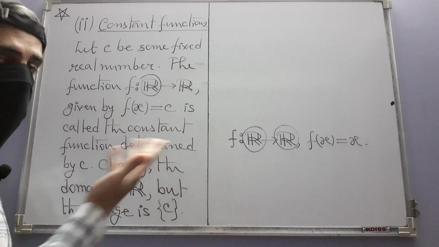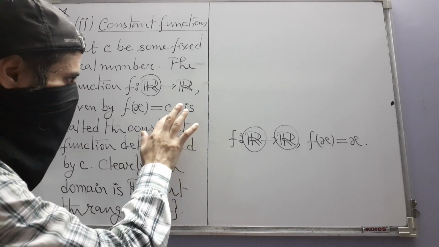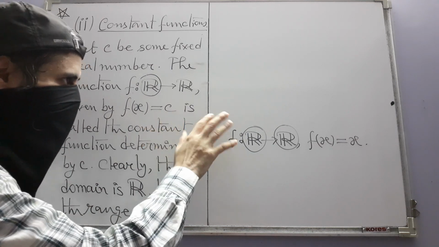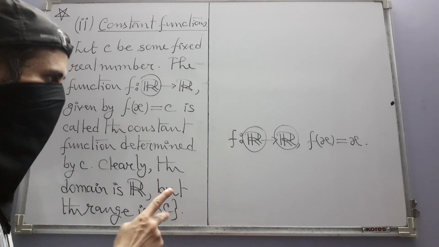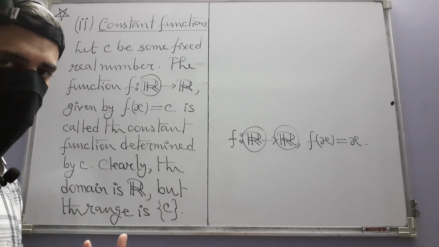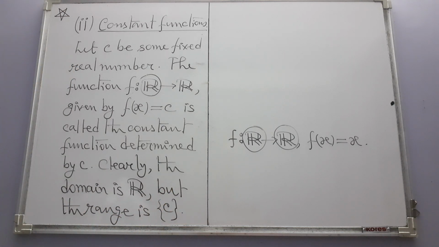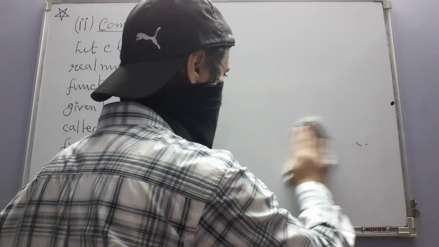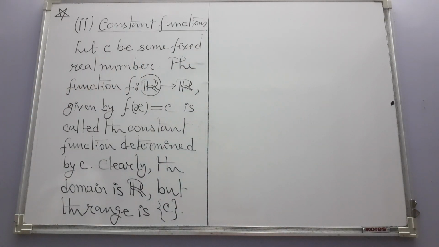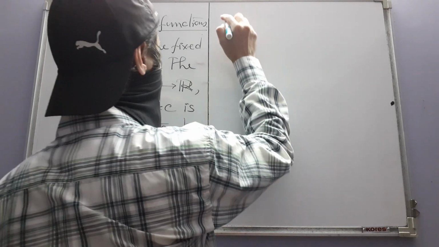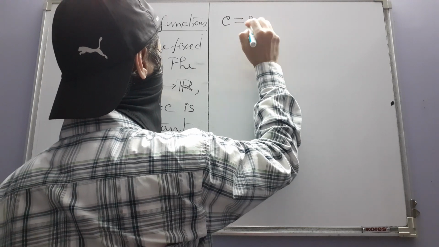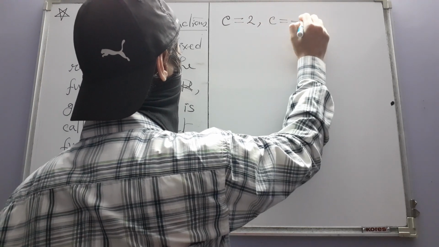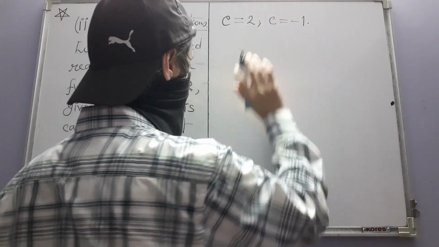Now let us see its graph also. Due to the general nature of C, of course you cannot draw the graph simply like that. Let me take 2 values of C and then draw the graph for those 2 values. Say I take C equal to 2 and C equal to minus 1, these are 2 different cases, okay.